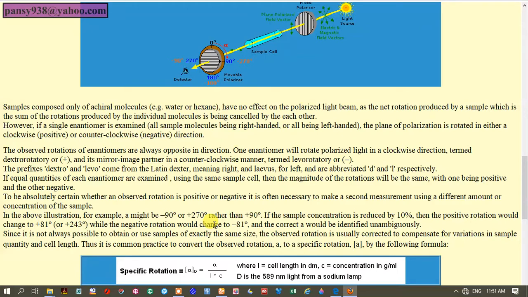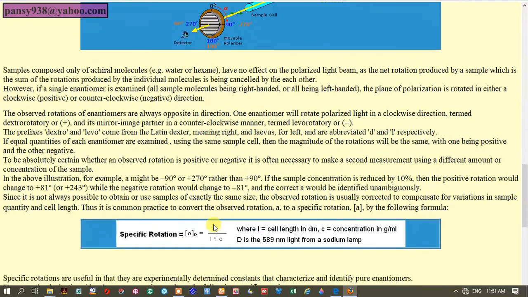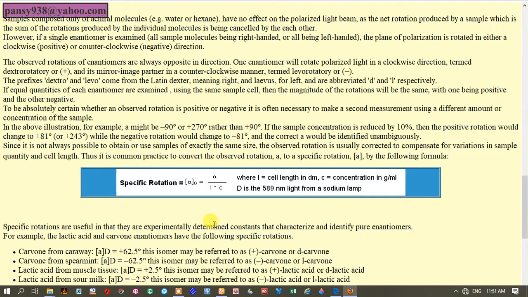Since it is not always possible to obtain or use samples of exactly the same size, the observed rotation is usually corrected to compensate for variations in sample quantity and cell length. It is common practice to convert the observed rotation alpha to a specific rotation by the following formula.